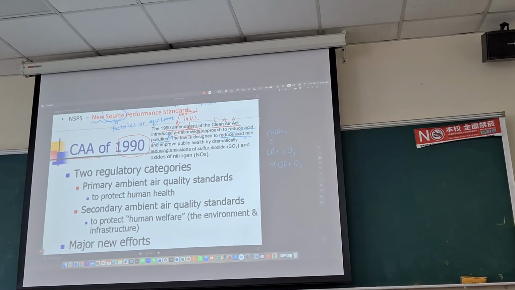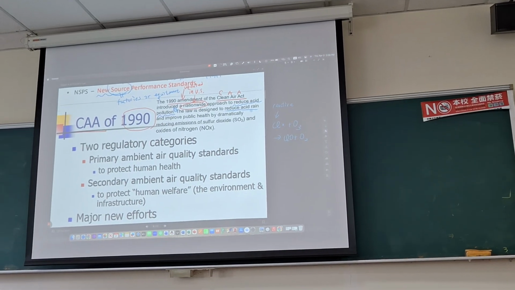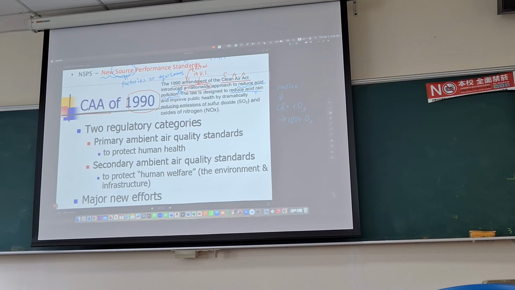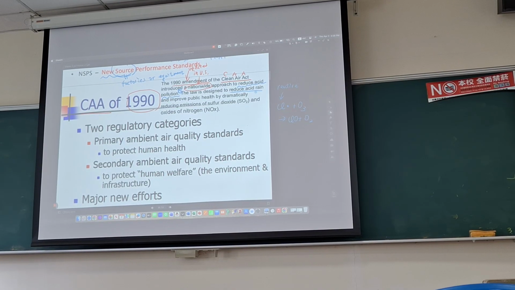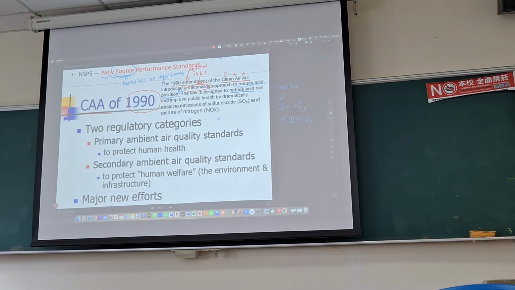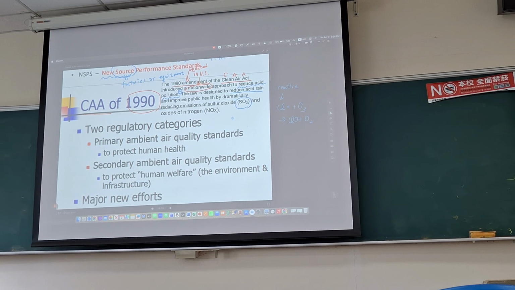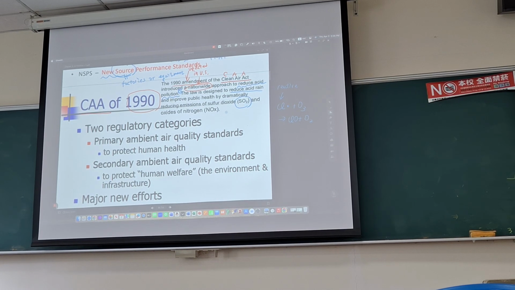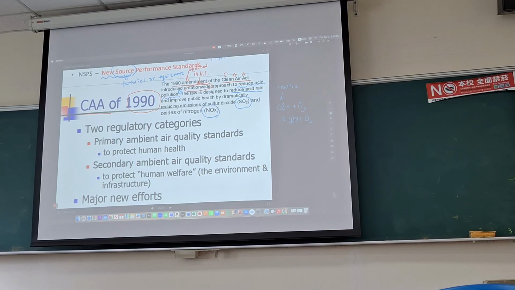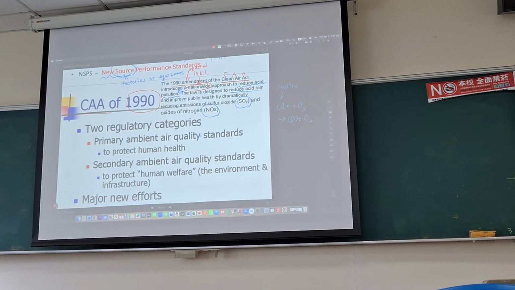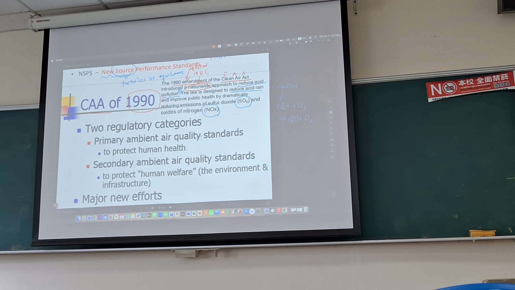So if they can reduce acid rain, it can improve public health. They try to reduce two major pollutants. One is sulfur dioxide. The other one is the oxides of nitrogen, the so-called NOx, nitrogen oxide.